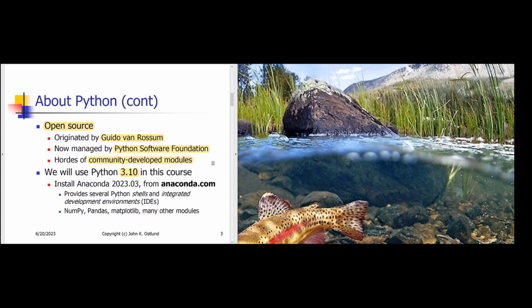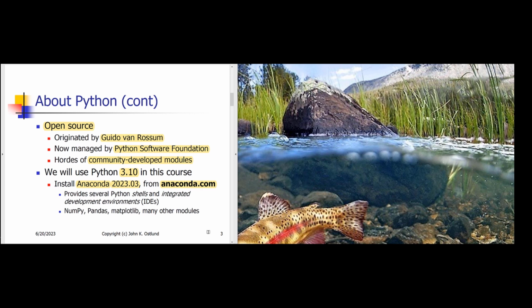In particular, we're going to be installing a package called Anaconda version 2023.07. So it was released in July of this year. You can obtain this Anaconda from anaconda.com, and you can take a look at my installation video about how to go about doing that.